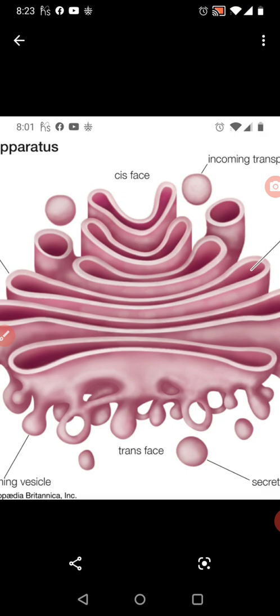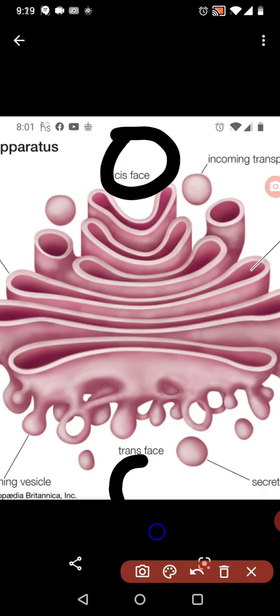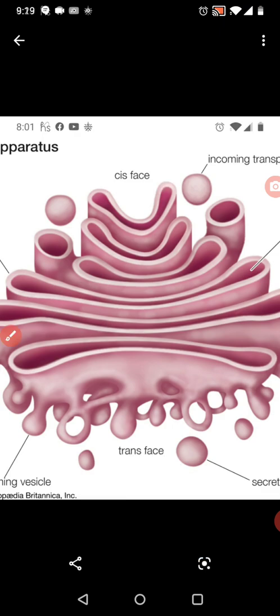Here the nucleus is present, where the endoplasmic reticulum is also present. The trans phase means it is near the plasma membrane. Cis phase means here the nucleus is present. Trans phase means here the plasma membrane is present.